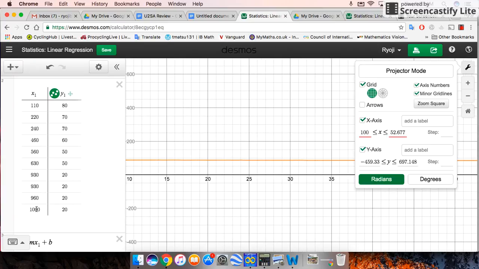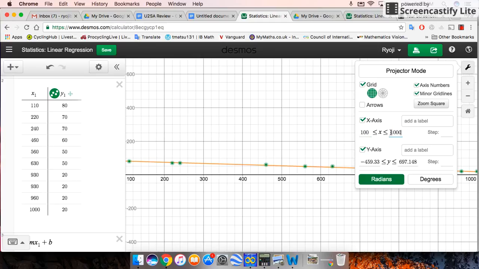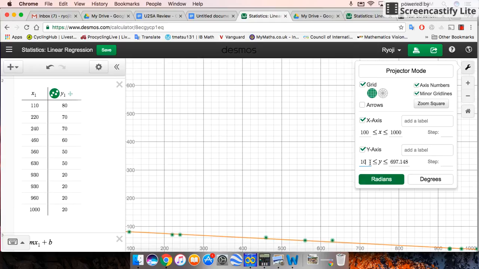And the greatest X value is 1000, so I'm going to type in 1000. For the Y values, the lowest is 20, so I'm going to change that to 10. And then the highest is 80, so I'm going to change this to 90.